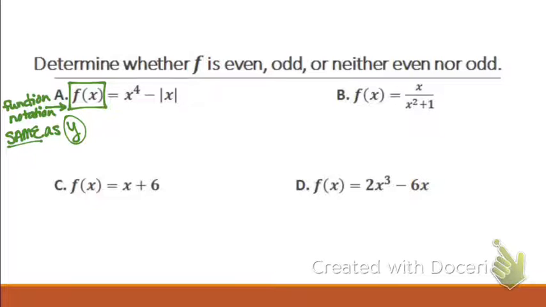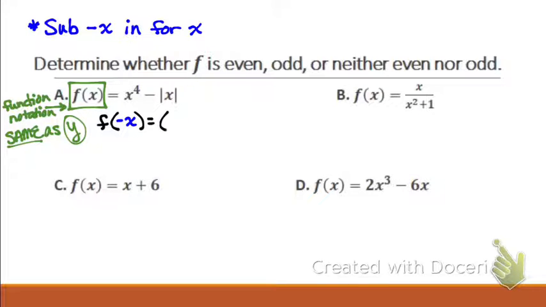I want to test to know whether this is even, odd, or neither. So we are going to sub in negative x in the place of x. So I have f of negative x. I'm going to substitute that in for x here.